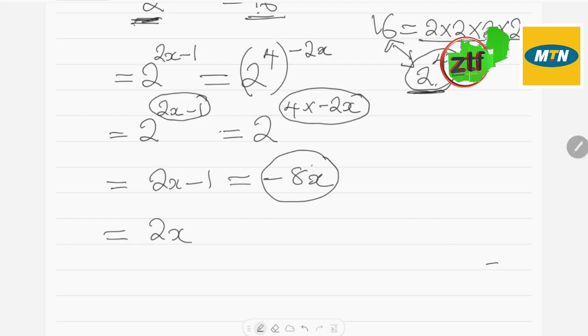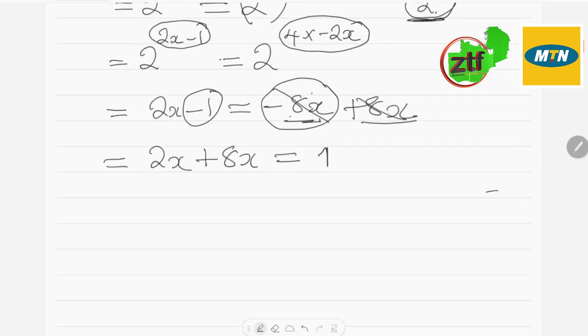If we add 8x here, this will remain 0. So what did we add? We added 8x. So on the other side, we should add 8x too. That's why if this negative 8x is transposed to the other side, we are going to have 8x. And this negative 1 transposed to the other side, we are going to have a 1 there.